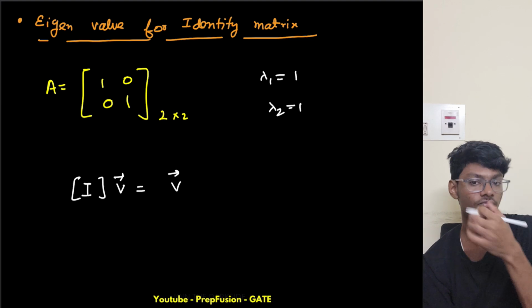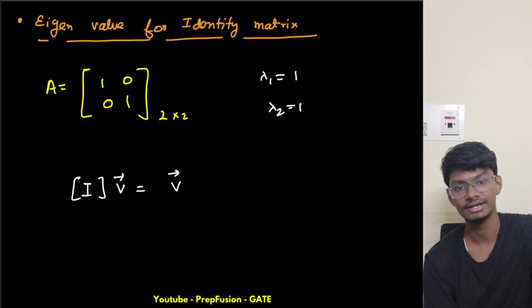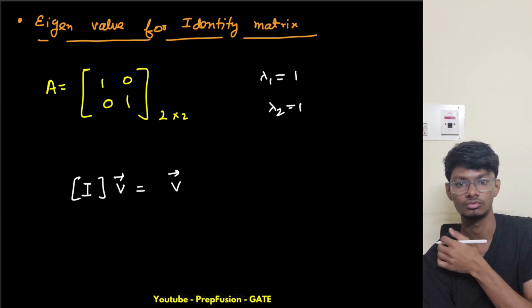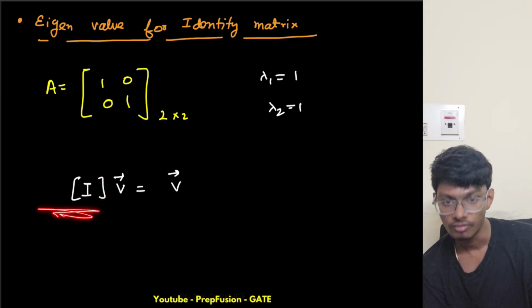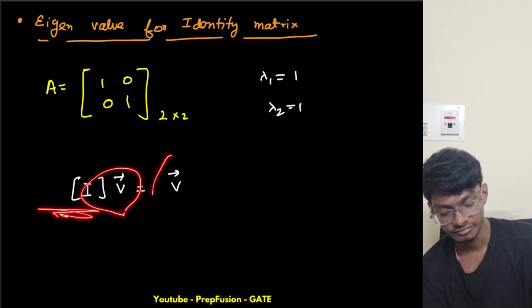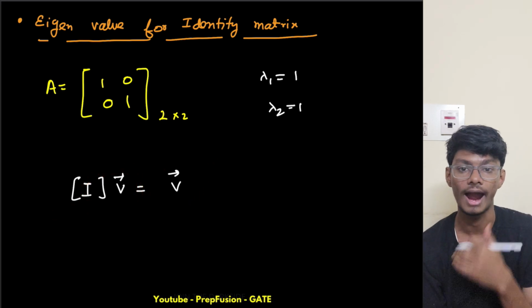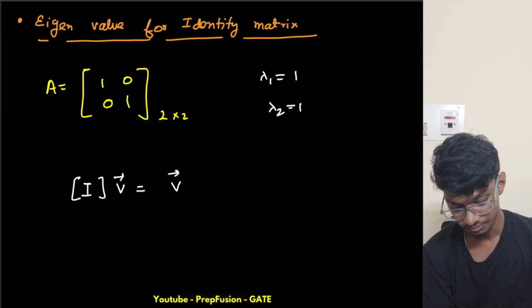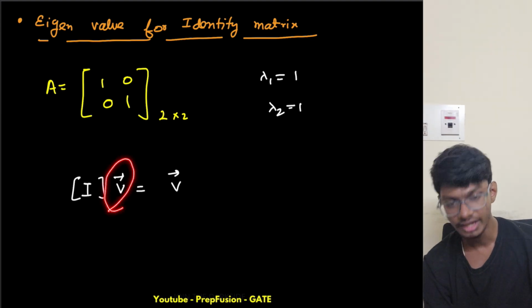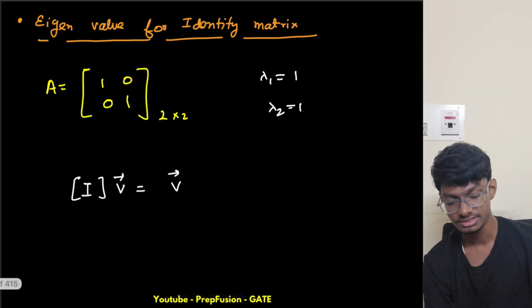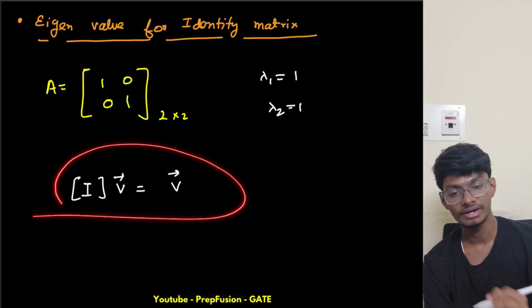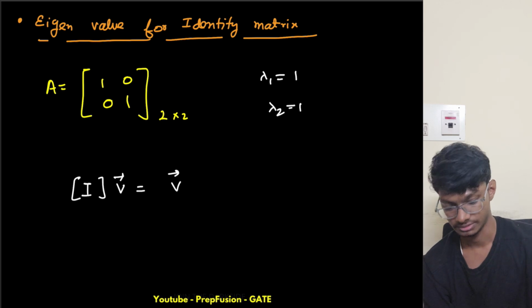If I multiply 1 with anything, I always get that anything back. 1 times 2 is 2, 1 times 3 is 3. For a matrix also the same. 1 times anything v will give me that only. That's the basic property of the identity matrix. So whatever v I put here, it will always satisfy this equation. Hence the identity matrix has infinite eigenvectors.